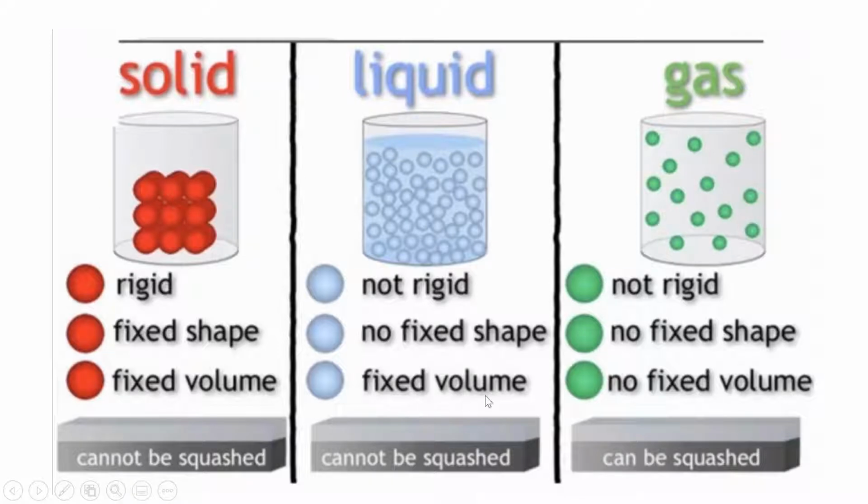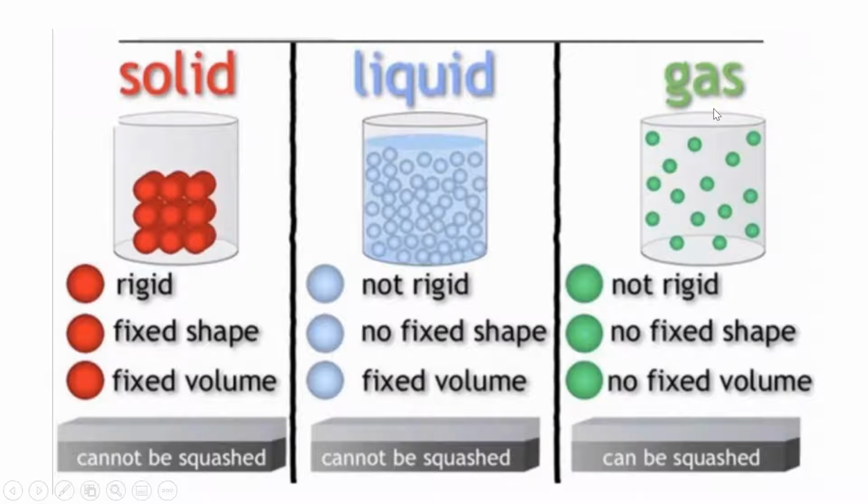The fixed volume means that when I pour this glass of water into another glass, it has the same amount of volume, though it has changed shape. It cannot be squashed. I wonder if it can be squished though.